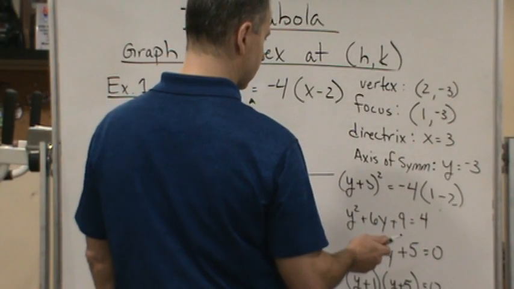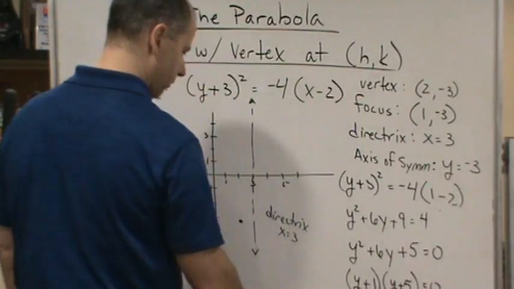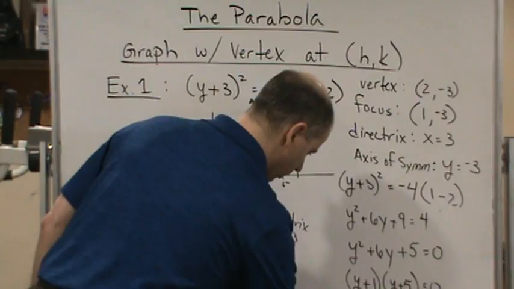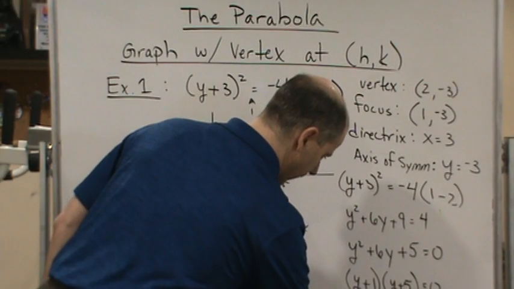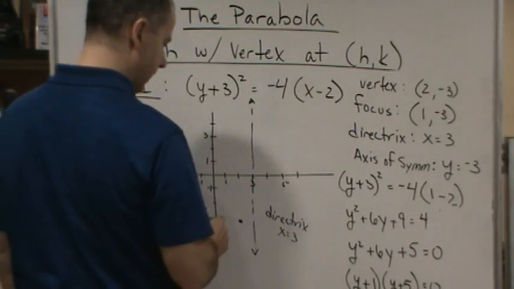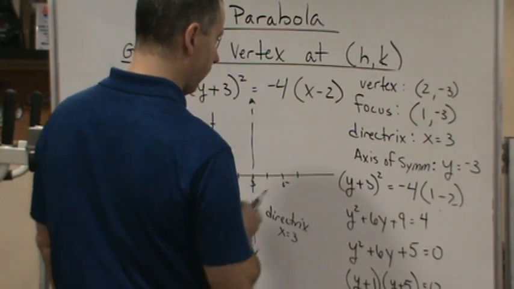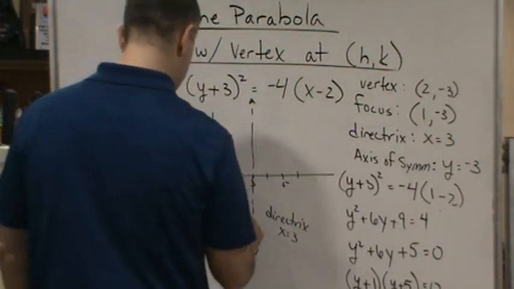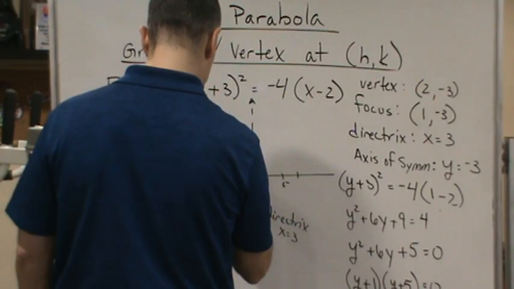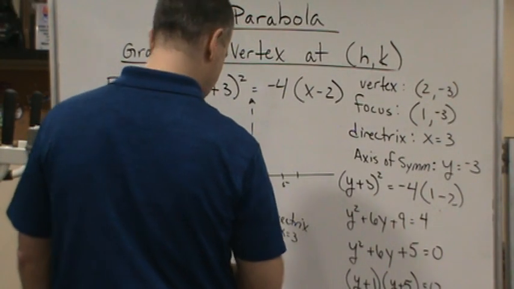So it's going to be 1 comma -1 and 1 comma -5. The focus is at 1 comma -3.